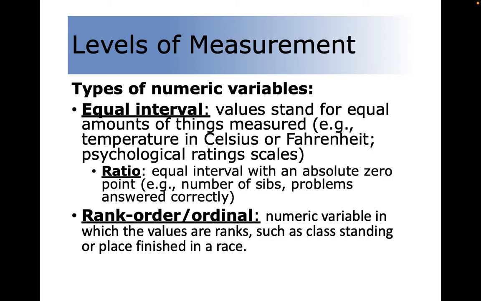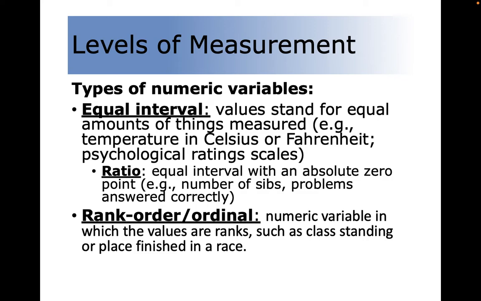So for example, temperature that is measured in either degrees Celsius or Fahrenheit is an equal interval variable, since the difference between a temperature of 18 and 20 means the same thing as the difference between a temperature of 31 and 33. In both cases, there's a 2-degree difference.